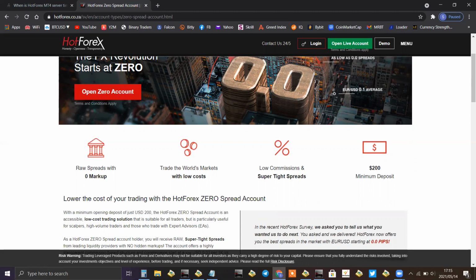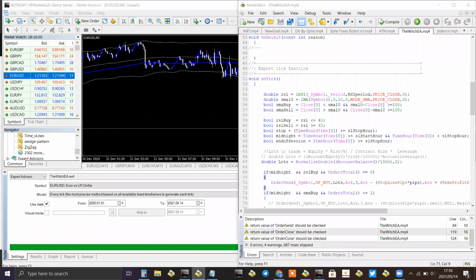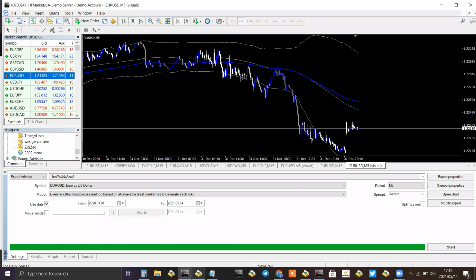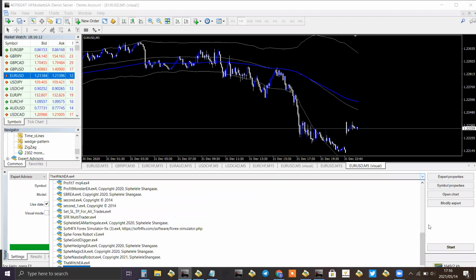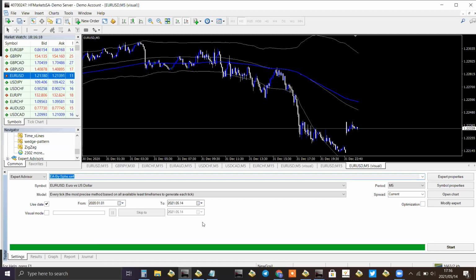Let's go to my MT4. So there's this EA that I showed you a couple days ago. I just named it EA by Pay. So let me, where is it? There we go. Okay, so I'm just gonna run a back test on it.